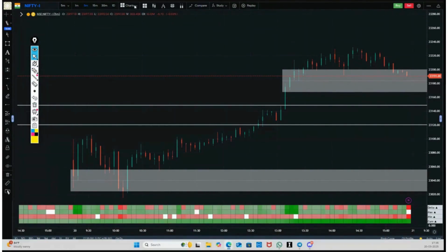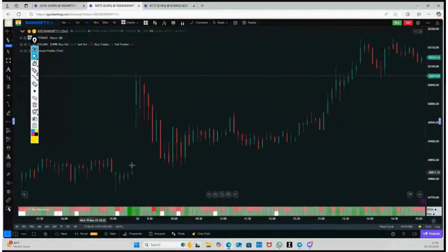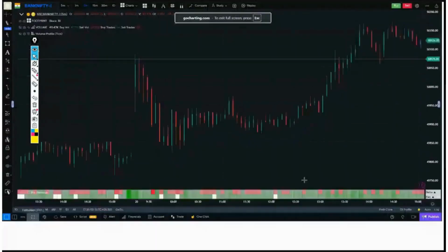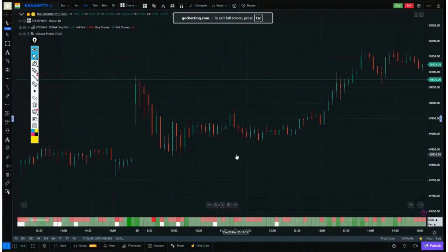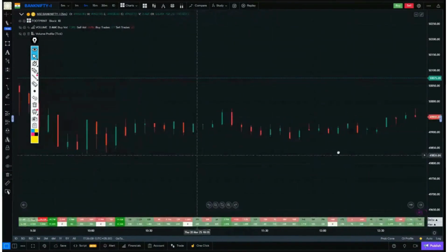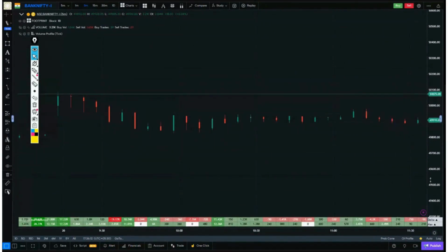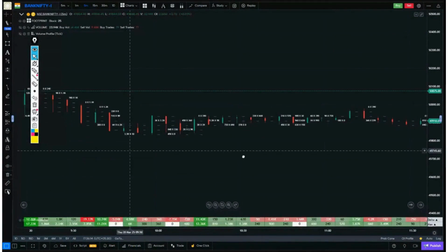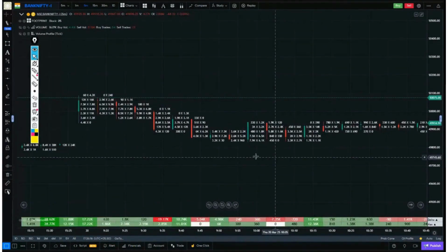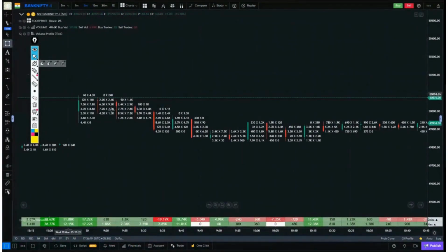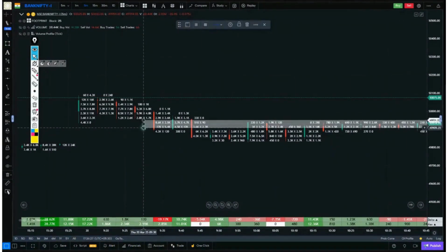Nifty to see what we observed in Bank Nifty today. In Bank Nifty, the first significant volume came at the 9:35 a.m. candle, and this was the selling zone, where a negative delta was observed.